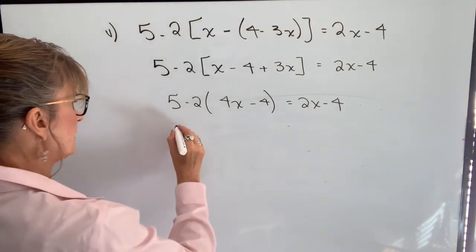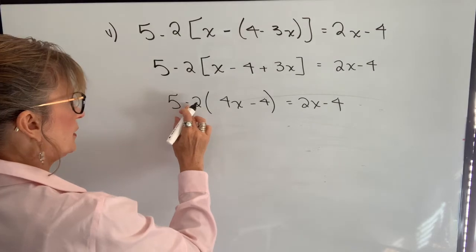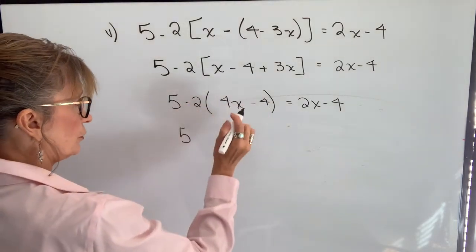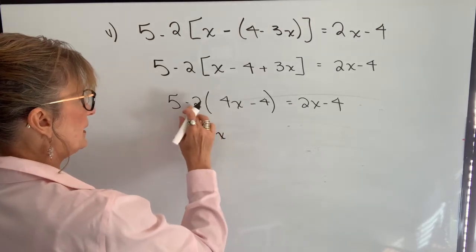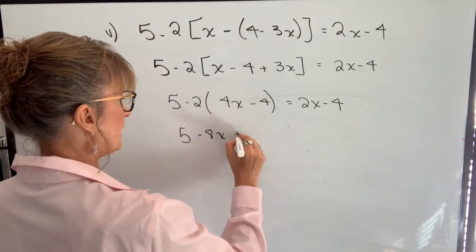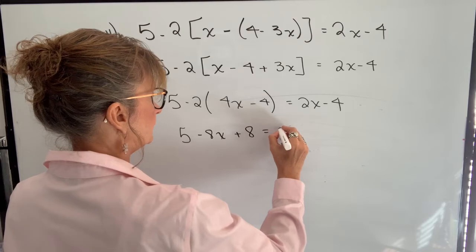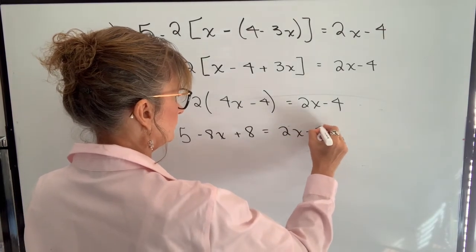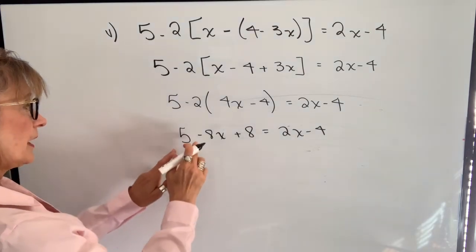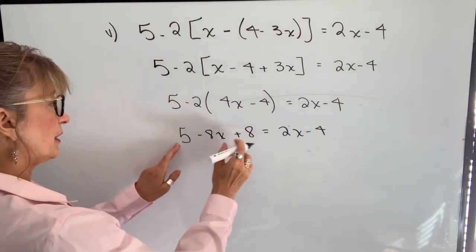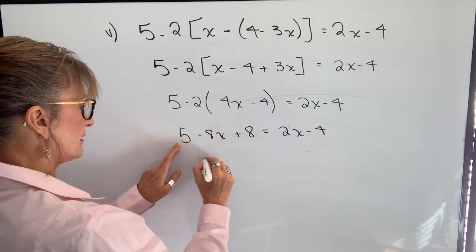So I'm going to do that next. So I'm going to distribute a negative 2 to each of those terms. So negative 2 times 8x will be negative 8x. Negative 2 times negative 4 will be plus 8. There's nothing I can do with the right side. There's nothing to simplify there. And one last step, I'm going to combine like terms. So 5 plus 8 is 13.